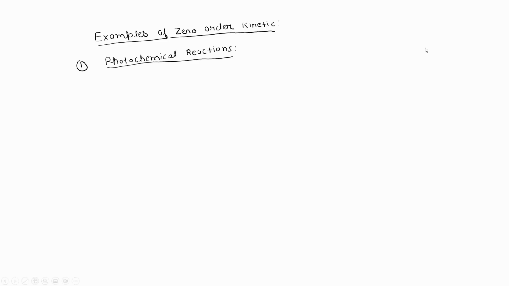Examples of zero order kinetics. An example is photochemical reactions.